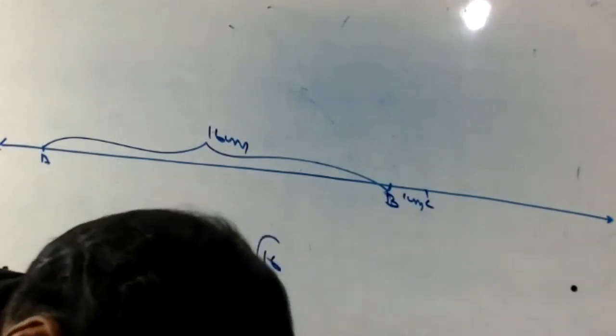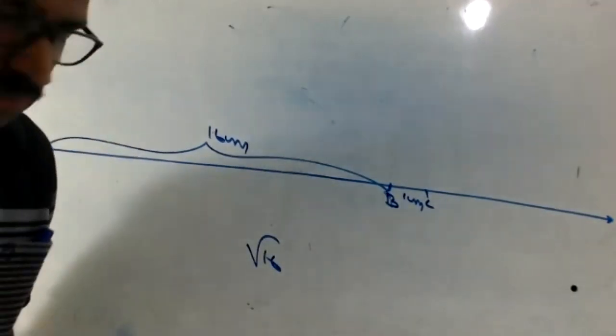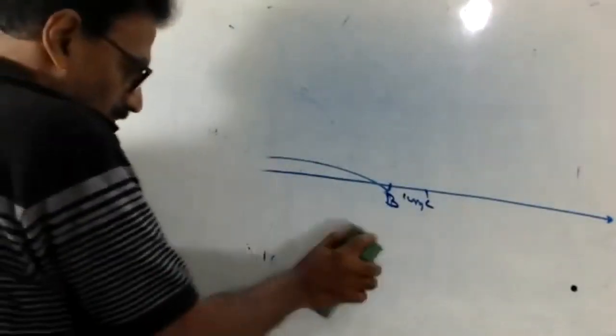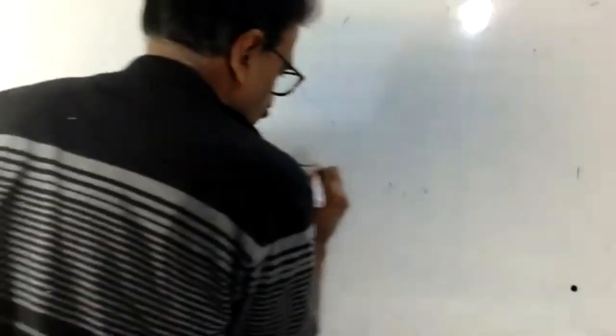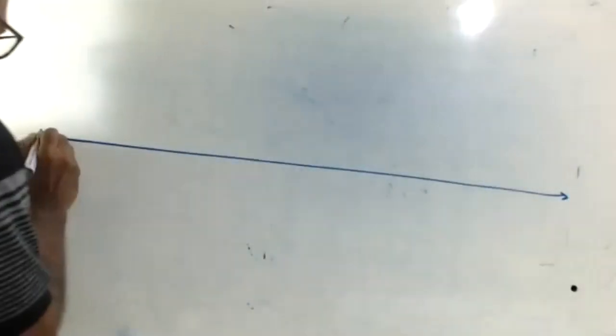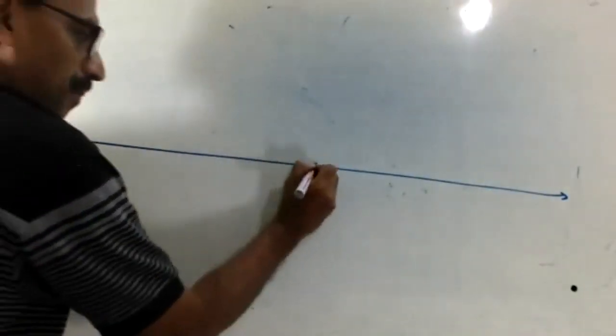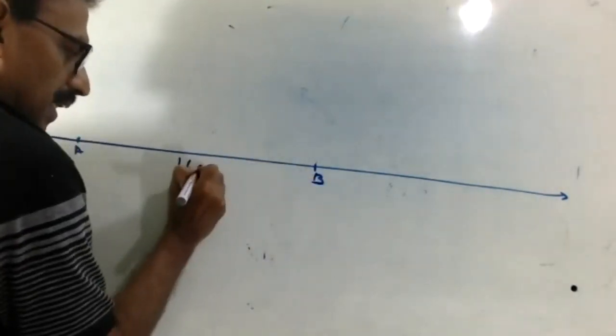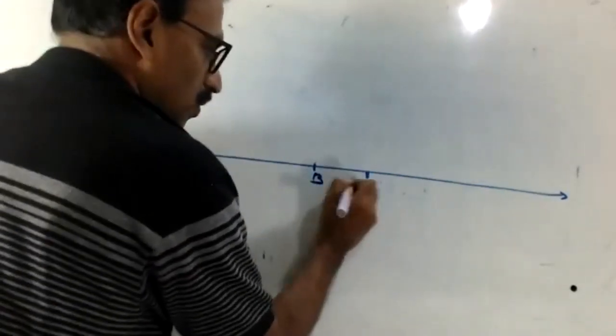Okay, that means once again, look at here. First, here A, B, this is 16 centimeter. Here C, 1 centimeter.